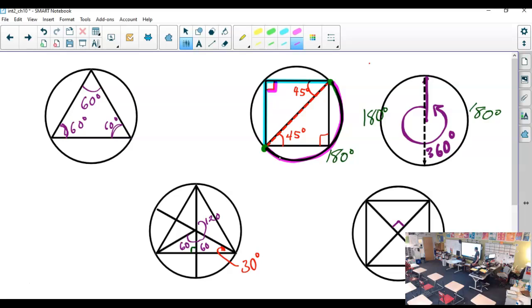Wait a second. Arc measure, not arc length. Arc length is how many units long it is. Arc measure is how many degrees open it is. But I see another 90-degree angle down here. And that's because that's not an inscribed angle.